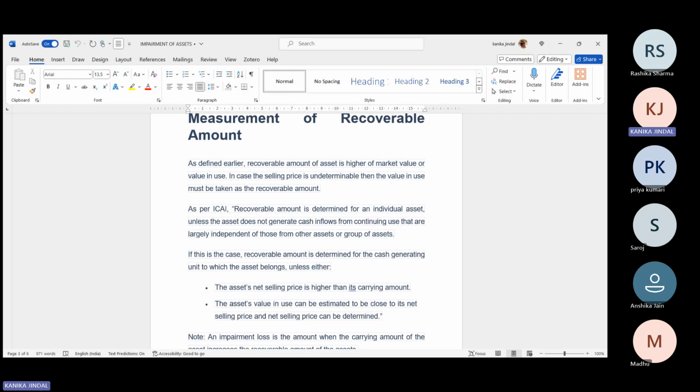So as per ICAI, recoverable amount is determined for an individual asset unless the asset is not generating any cash inflows from continuing use which are largely independent of those from other asset groups.